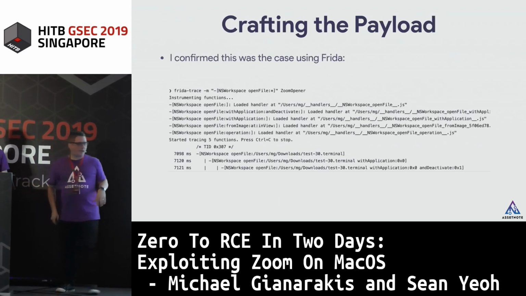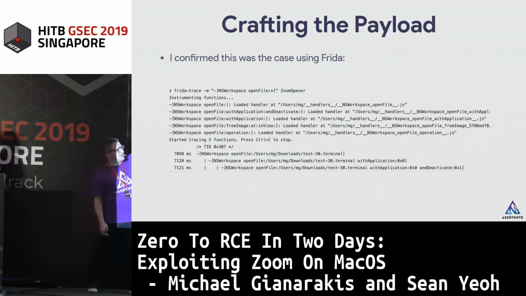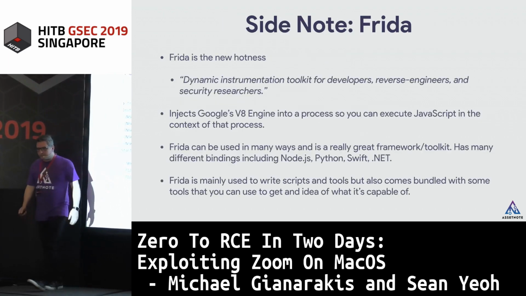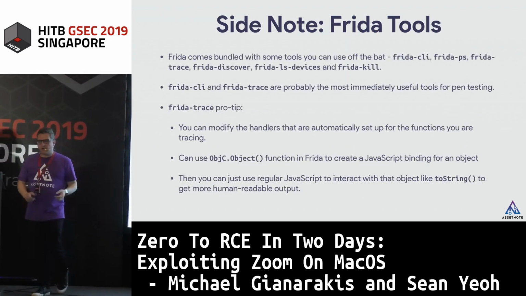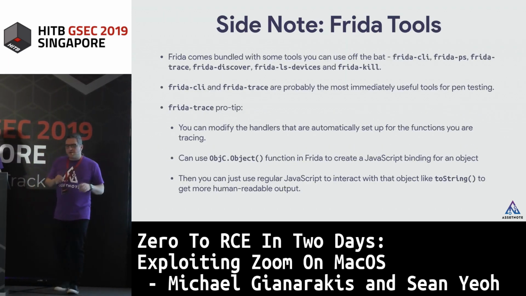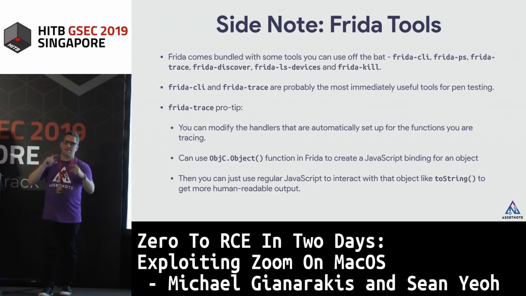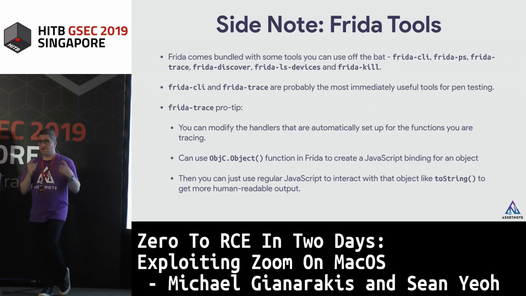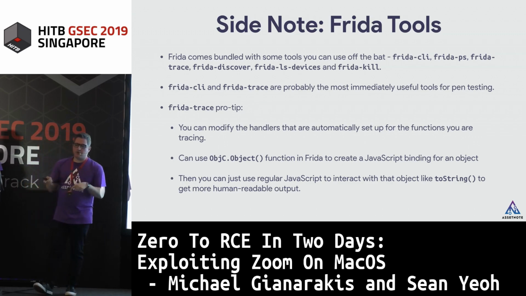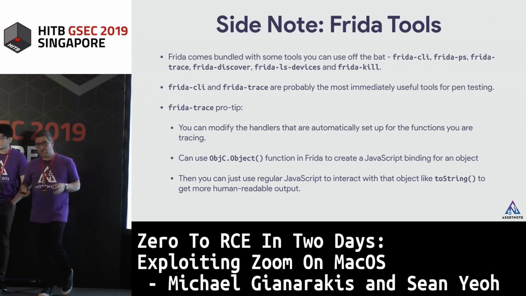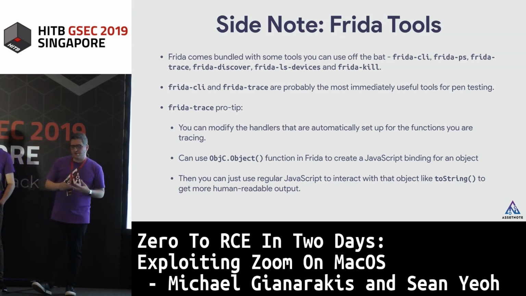But you can see here, it automatically sets up these handlers, which are just Frida JavaScript files, and you can modify those. So a neat little trick is you go into those handlers, where it's taking that argument, which would normally just give you a memory address or whatever. You can go ObjC.Object, which is a Frida function, and basically it creates a JavaScript binding for that object.